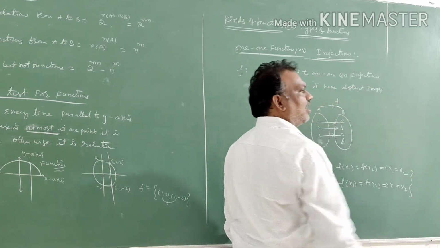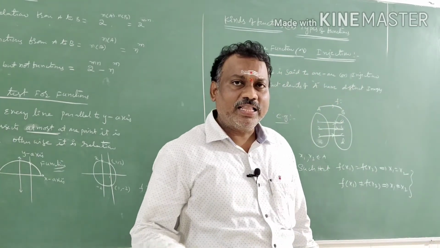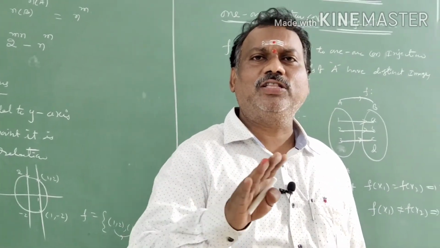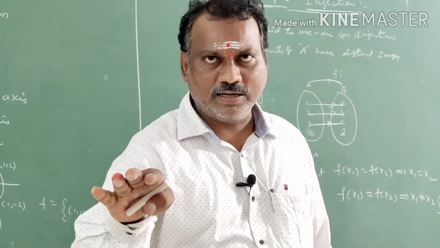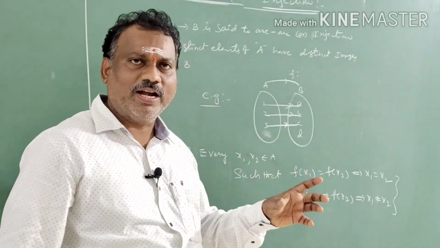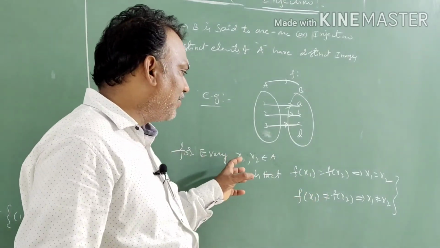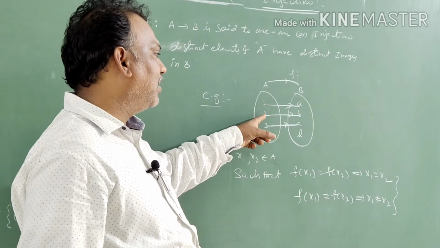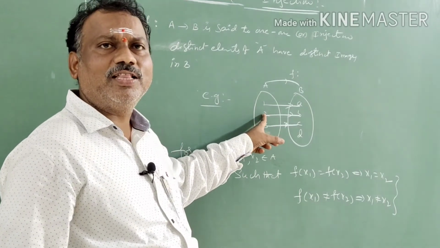We will see these examples, they will ask in the question: f of x is equal to 2x plus 3. Show that f is a one-one function. That time we have to use the mathematical definition. What is the mathematical definition? For every x1, x2 belongs to A. x1, x2 means nothing but 1 is x1, 2 is x2 in this problem.